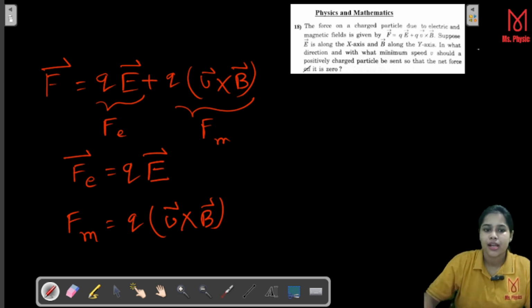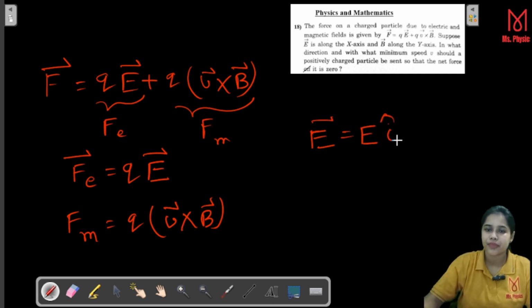ठीक है. Then what is said that suppose E is along x axis. X axis मतलब E is equals to E i cap. B is along y axis. That means the magnetic field. ठीक है. So B j cap unit vector.